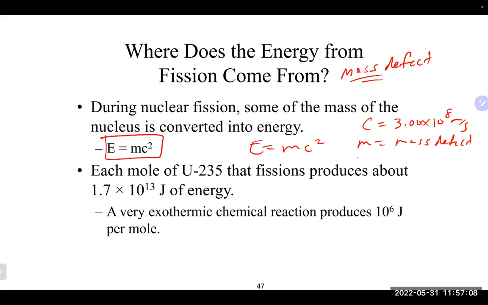We've talked earlier in this chapter about the very big difference in the amount of energy produced in a fission process versus an exothermic reaction. As you can see here, an exothermic reaction gives 10 to the 6 joules, while fission gives 10 to the 13 joules of energy. So there's a lot more energy given off.